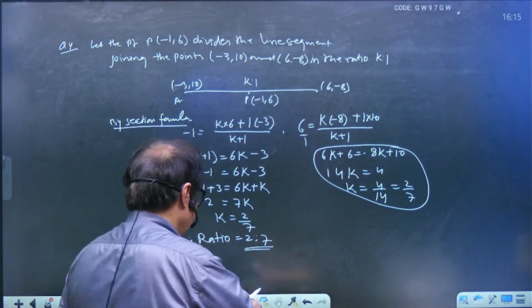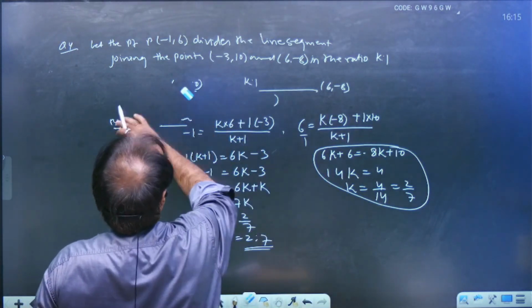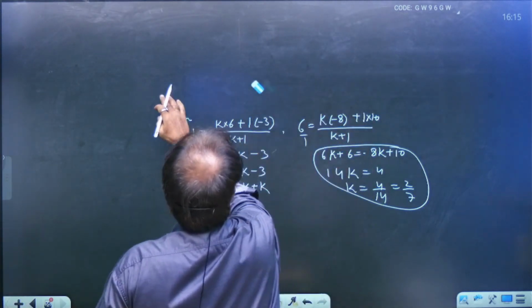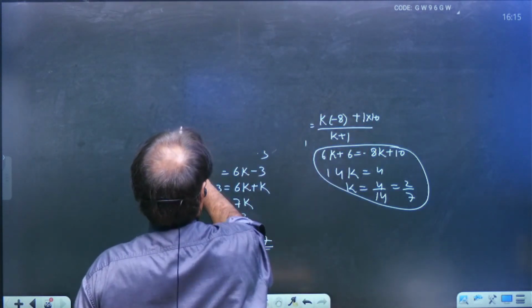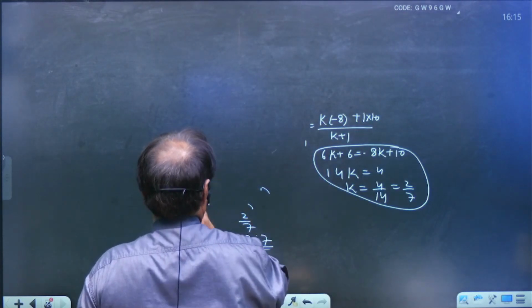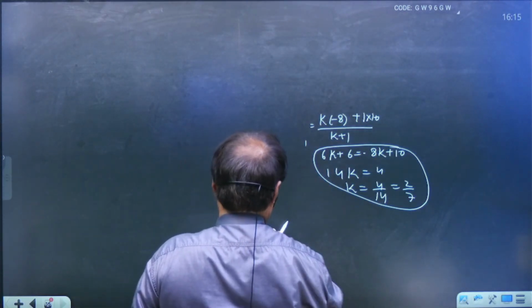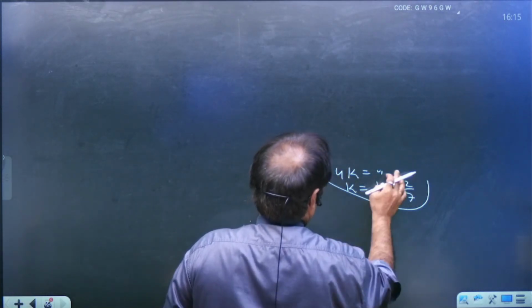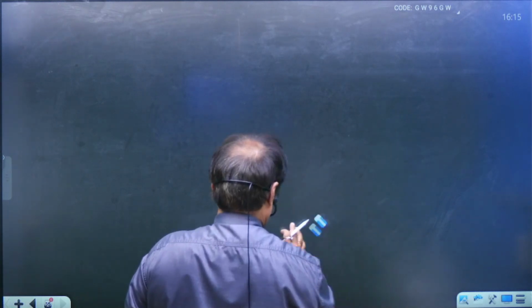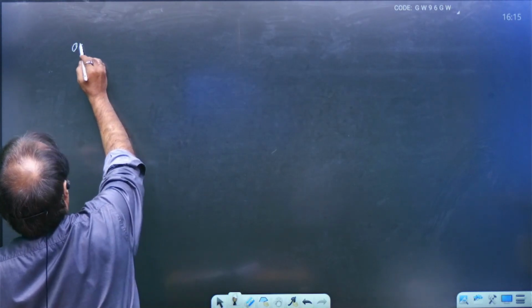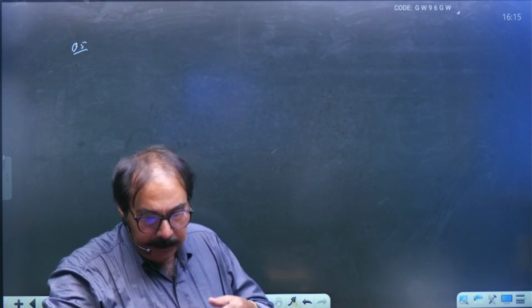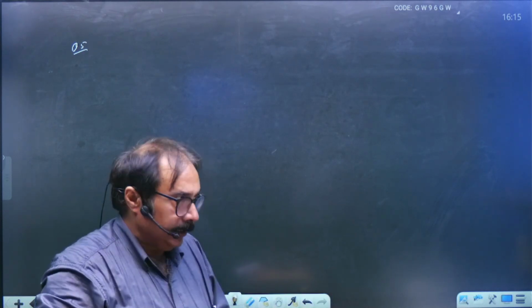Now the next question is question number 5. The fifth question says, find the ratio in which the line segment joining this is divided by the x-axis.